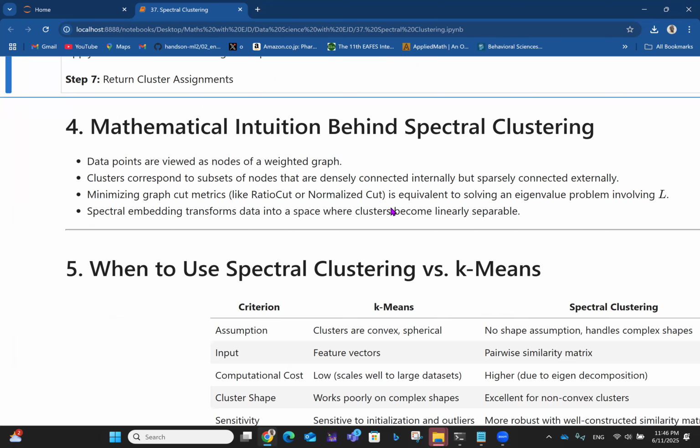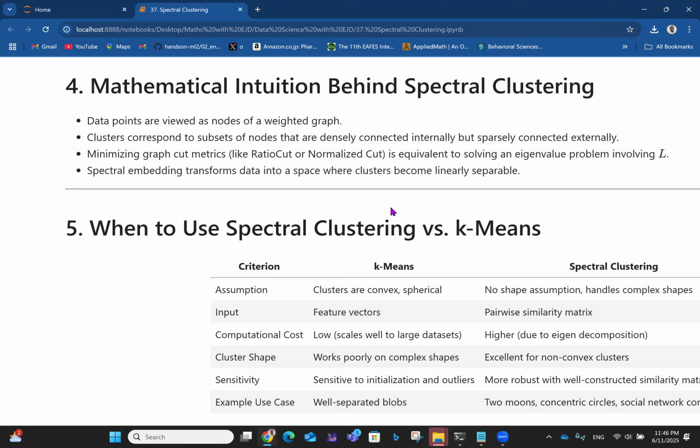So let's talk about the mathematical intuition behind spectral clustering. Data points are viewed as nodes of a weighted graph. Clusters correspond to subsets of nodes that are densely connected internally but sparsely connected externally.